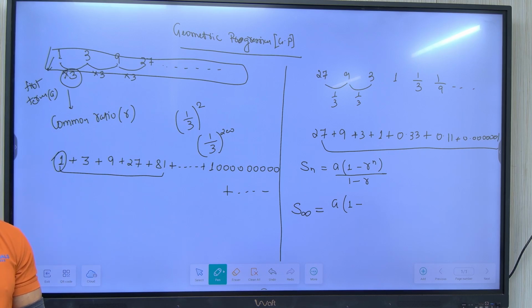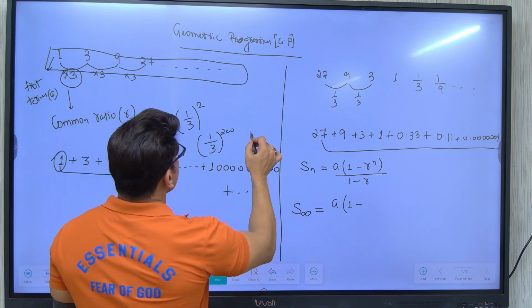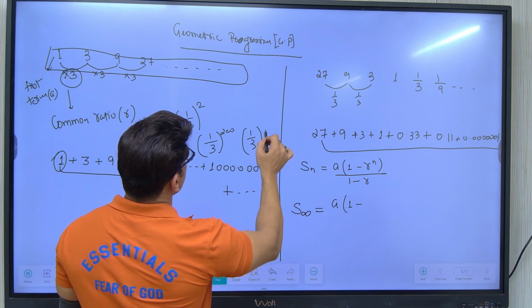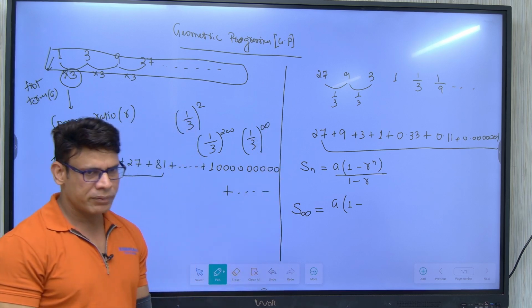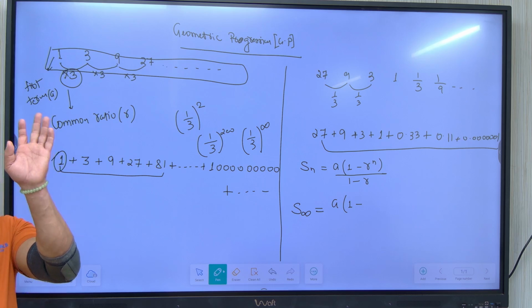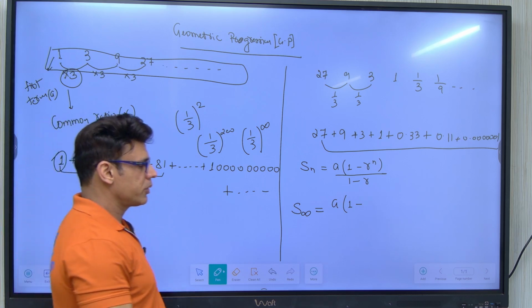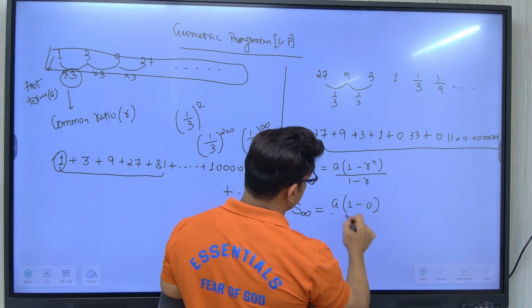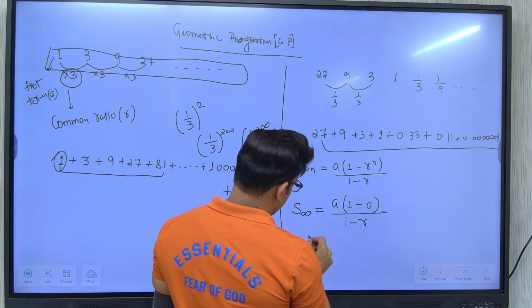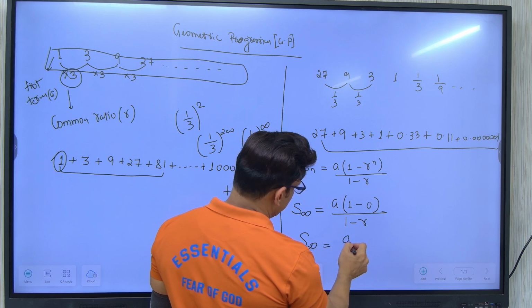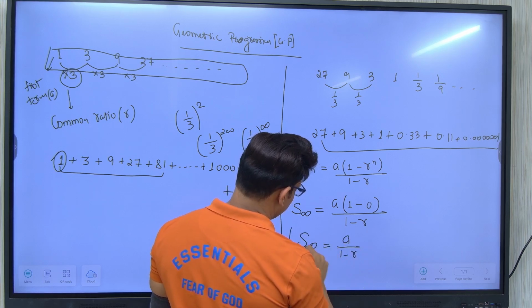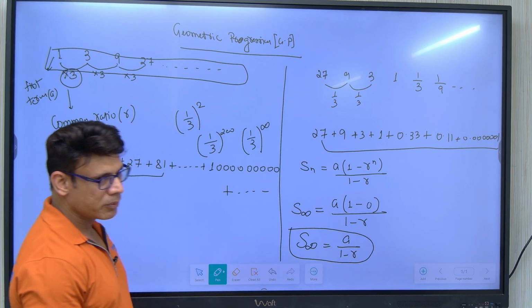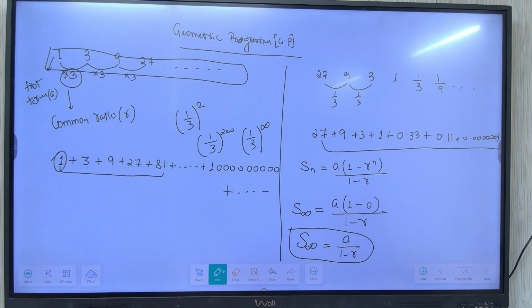Very small number. 1 by 3 बहुत छोटा होता जाएगा, right? 1 by 3 raised to the power infinite will become a very small number, which is as good as 0. What is the sum of infinite terms का formula? A upon 1 minus r.